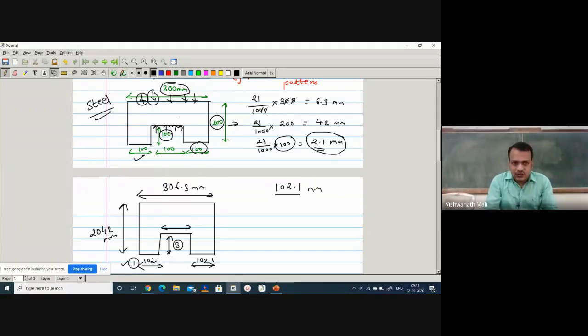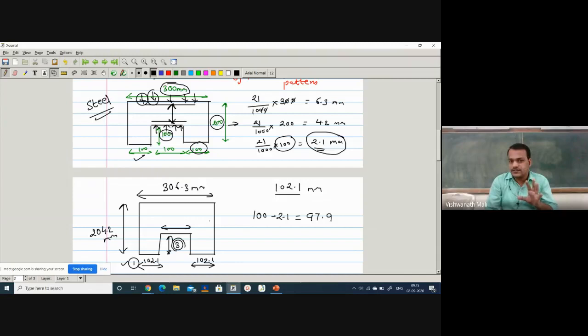So this dimension will be reduced. I will give another example where you can understand. See here, how it is shrinking from this side also and from this side also. Now to overcome this, we need to give this third dimension as 100 minus 2.1, so it will be 97.9.